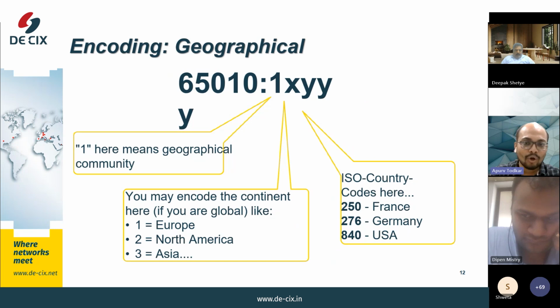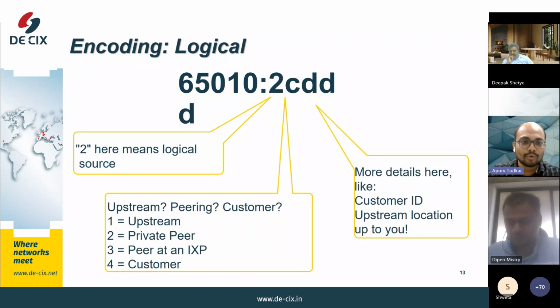You can create your own solution that fits the requirements of your network and you can encode your information based on your preference. You can apply the same method to encode the logical information in the BGP communities. For instance, you can use the first digit as 2 to indicate this community represents some sort of logical information.